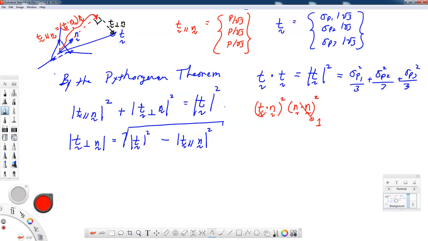Right, so t dot n, we would have our traction vector components t1, t2, and t3 dotted with n1, n2, and n3.